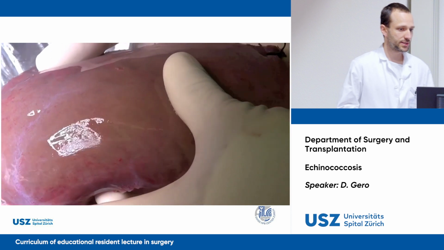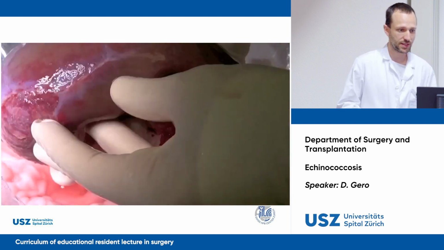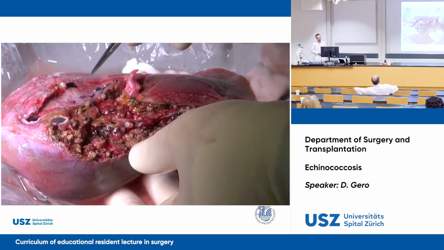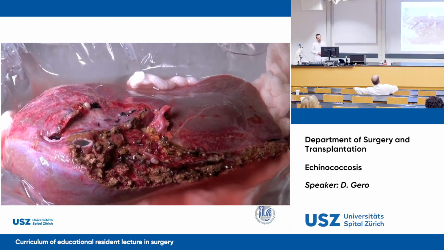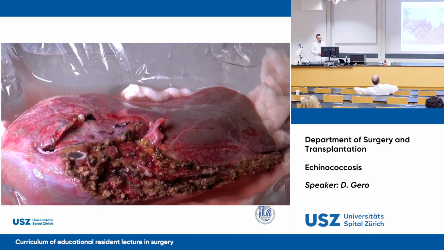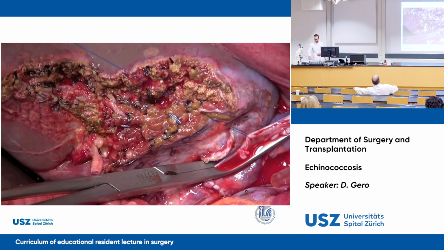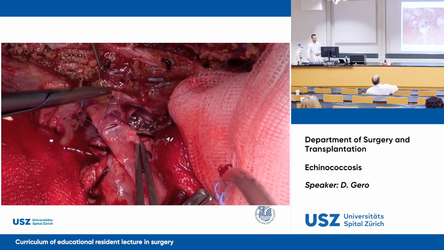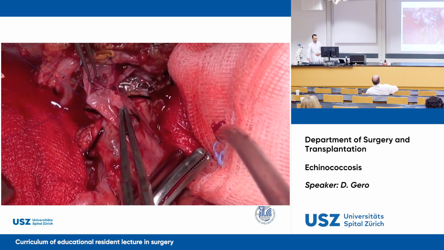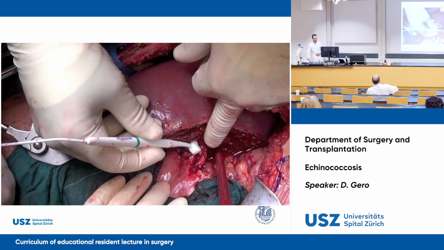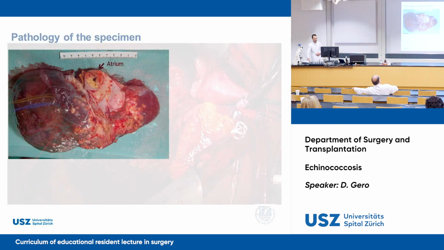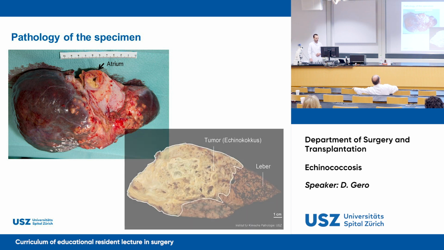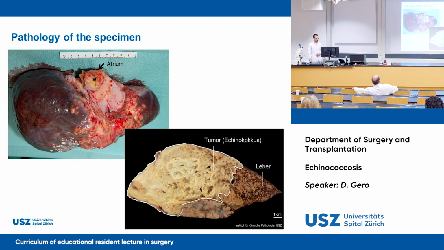Then the patient underwent living donor liver transplantation. Here you can see the pathology of the specimen, including a part of the heart, with the presence of echinococcosis in the liver.